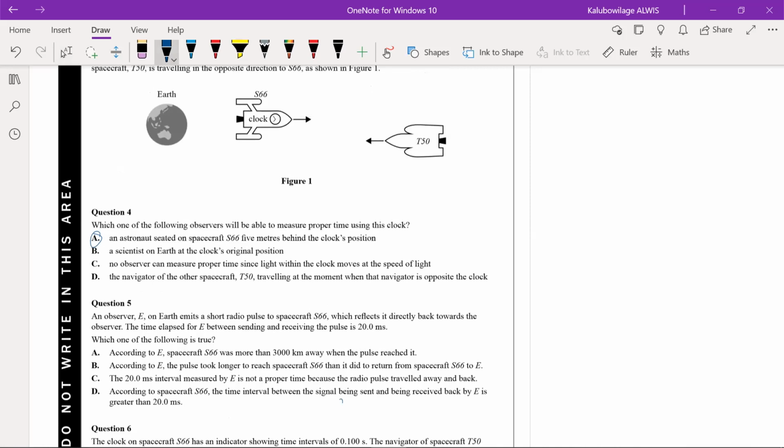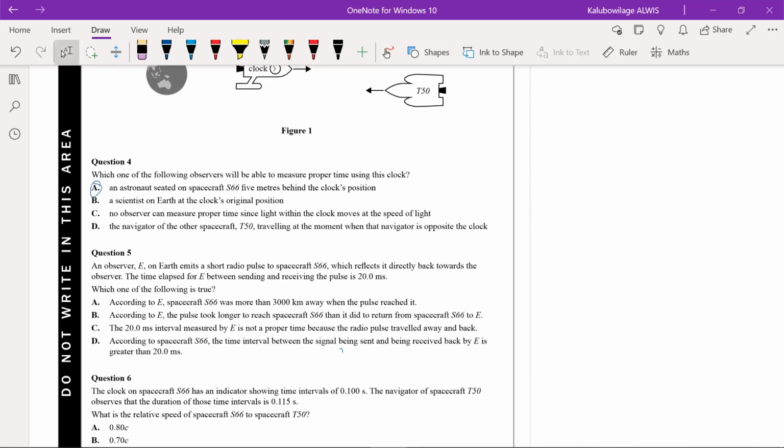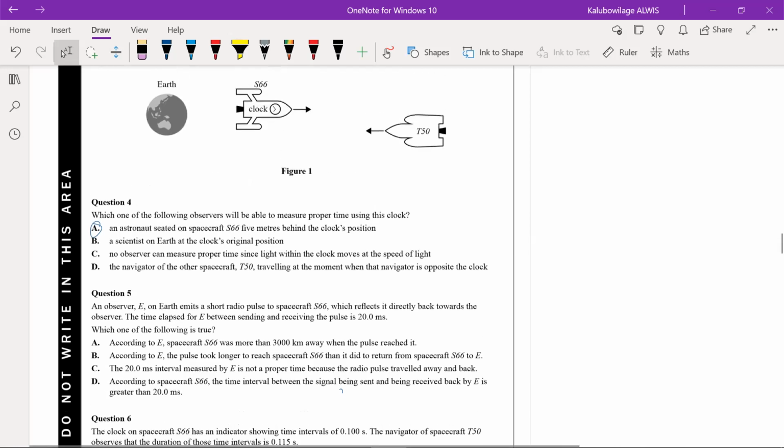I'll probably just calculate how far that is. So it would be around 2,000 kilometers, equals vt.